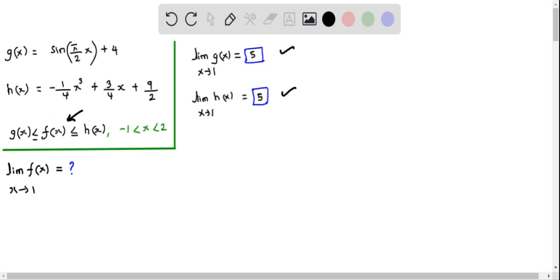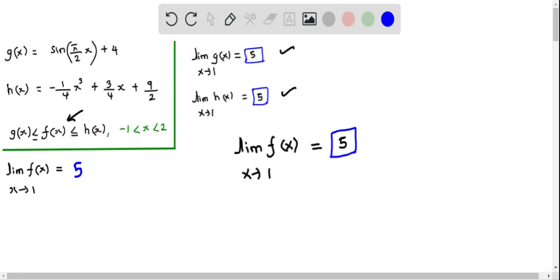So therefore, according to the squeeze theorem, the limit of f of x when x approaches 1 is also equal to 5, because both the limits approach 5, and f of x also approaches 5 when x approaches 1. So the value of this limit is 5, and this is according to the squeeze theorem. And so option C is correct.